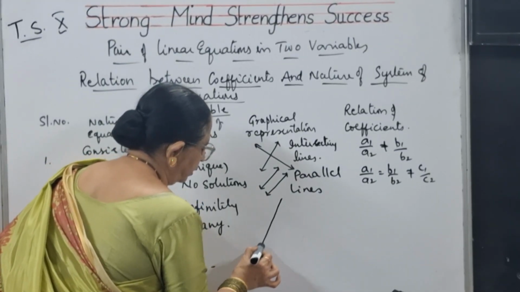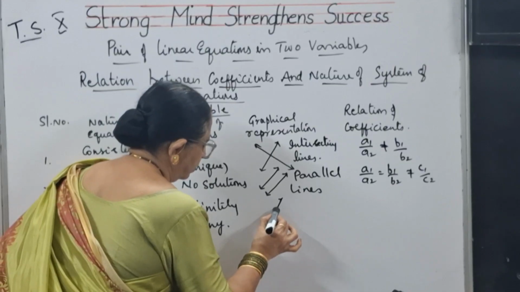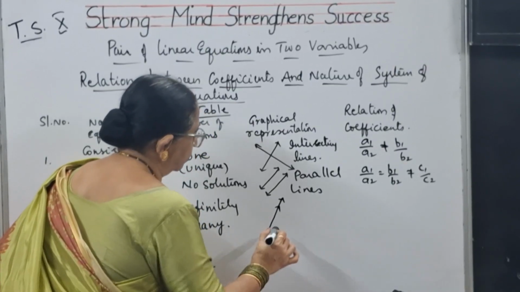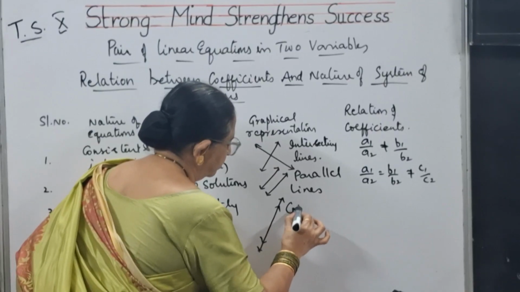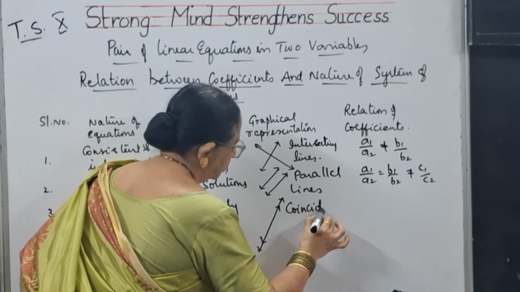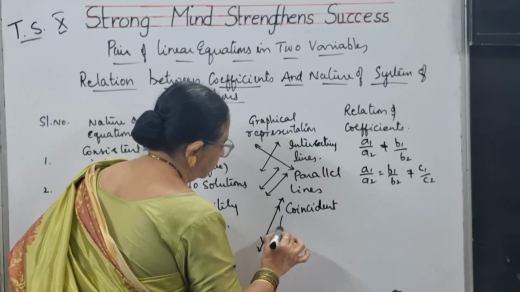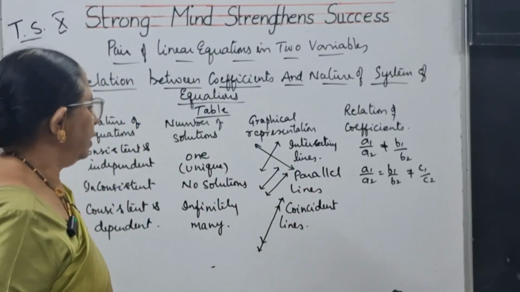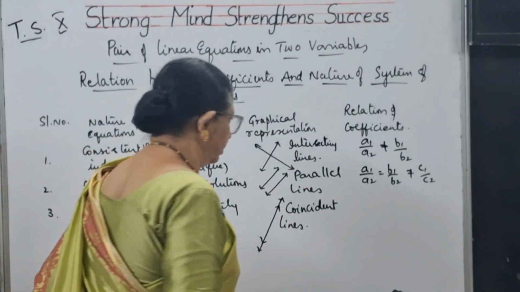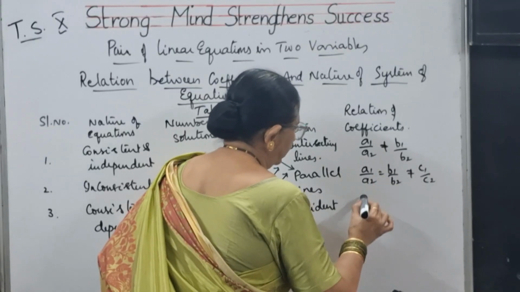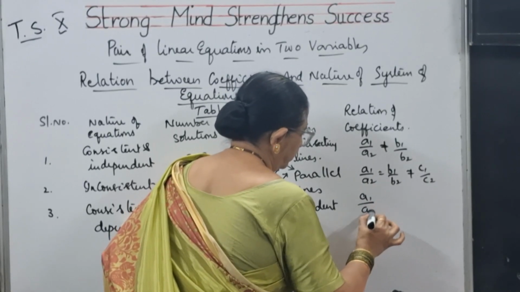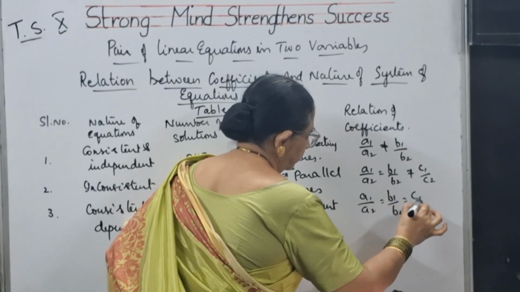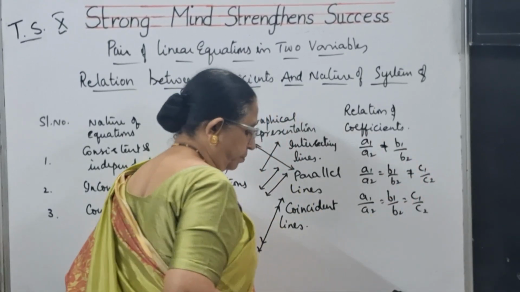You will be getting like this, the two lines. These are called as coincident lines. These are coincident lines. So what is the equation that you will be getting? Relation A1 by A2 is equal to B1 by B2 is equal to C1 by C2.